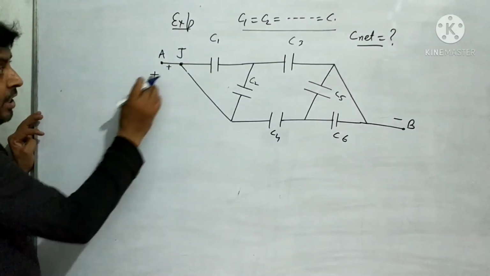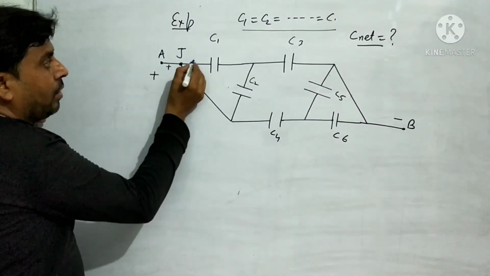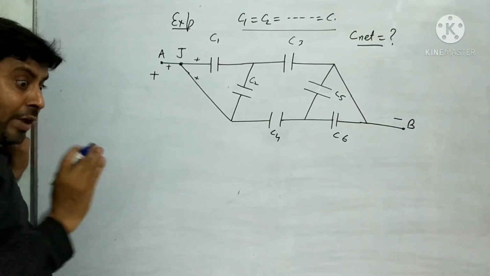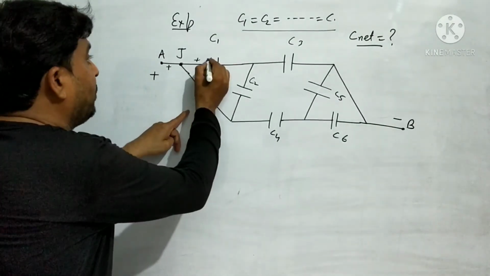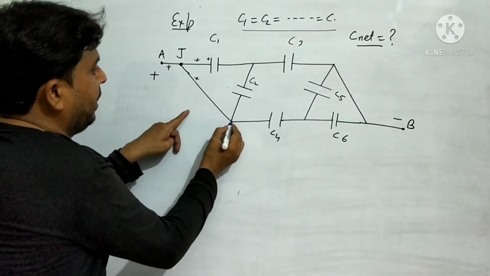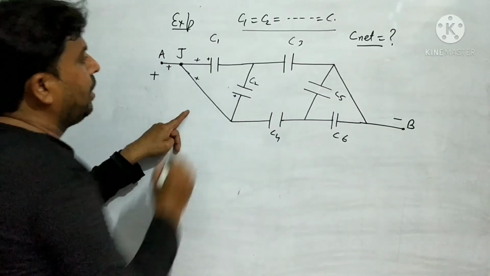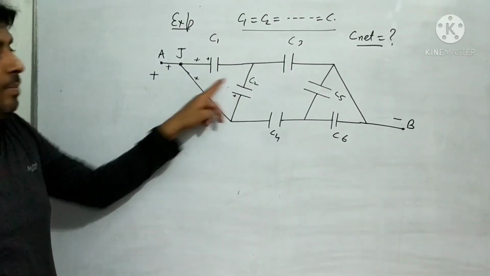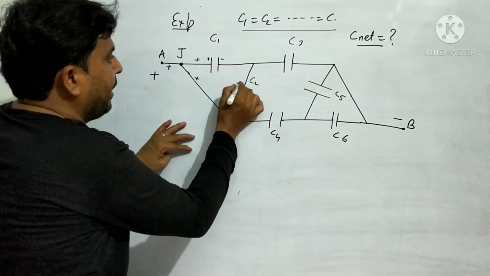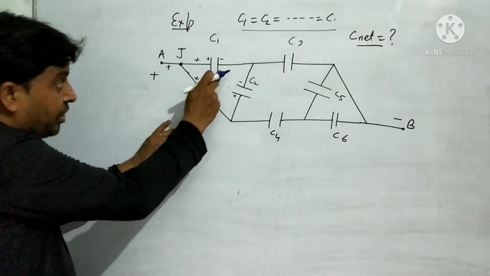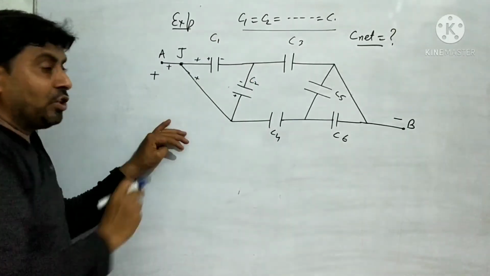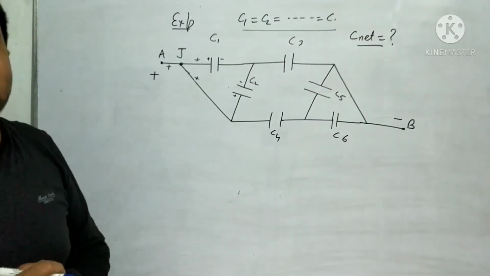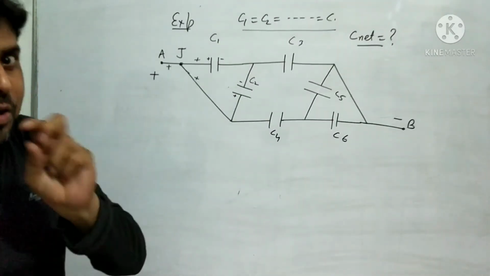Junction. Then charge will divide from here, here and here. Clear? When charge is divided, it is on the positive plate and now here it is also the positive plate. It is negative, it is negative. So these two, C1 and C2, are connected in parallel.